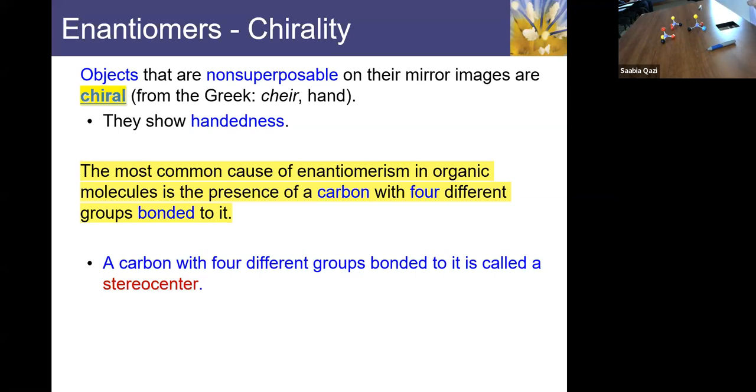Isn't this molecule chiral? Yes or no? Yes. 4 different groups are attached. In 2-butanol, one is ethyl, one is methyl, one is hydrogen, and one is alcohol. So if you have 4 different groups attached to the carbon, this carbon will be called a chiral carbon. Or we use another term nowadays, the term stereogenic carbon.